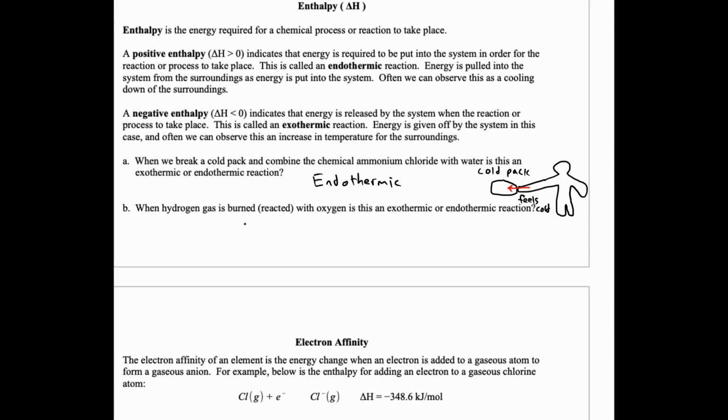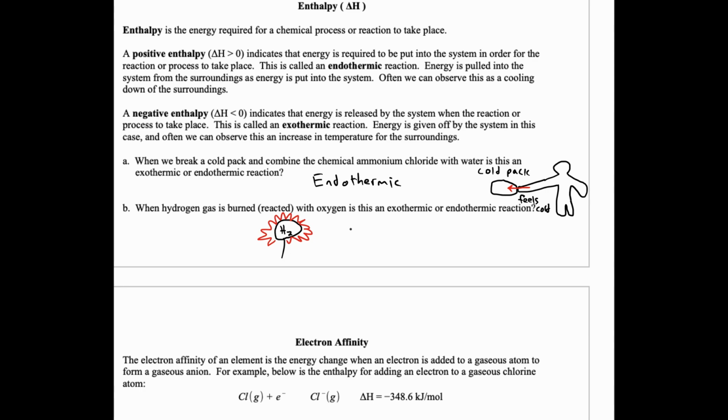Now let's look at this. When hydrogen gas is burned, which means it's reacting with oxygen, would that be an exothermic or endothermic reaction? Well, if you have a balloon that's filled with hydrogen and you light it with a flame, the balloon will explode and it will give off heat when it does.